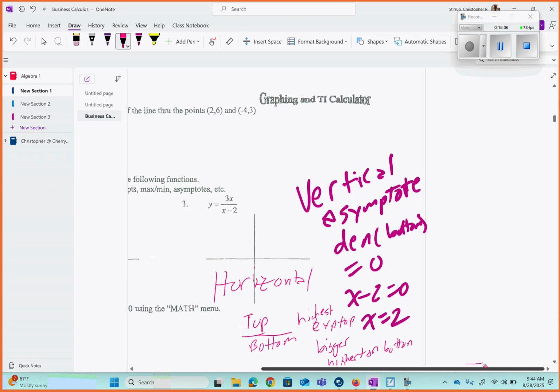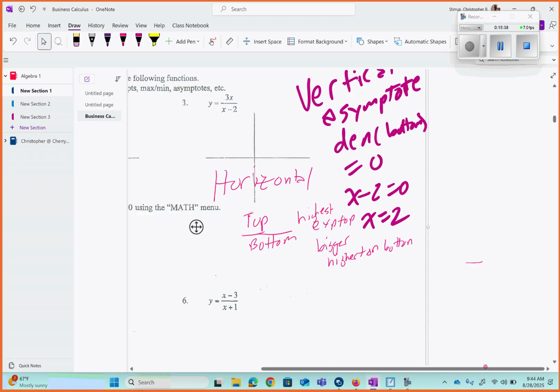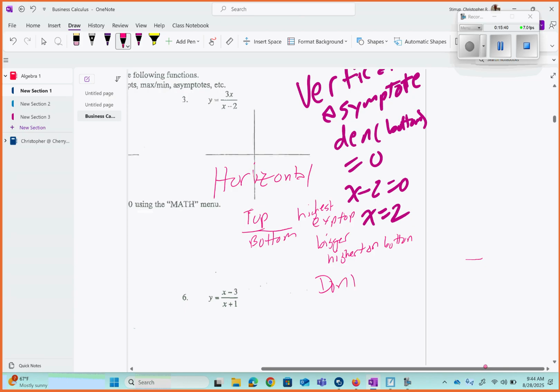you don't have a horizontal asymptote. If the highest exponent is equal on top and bottom, so if you had x to the third on top and x to the third on bottom, that's the highest exponent.